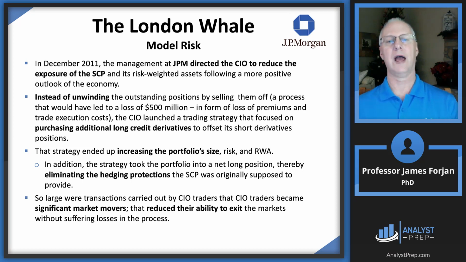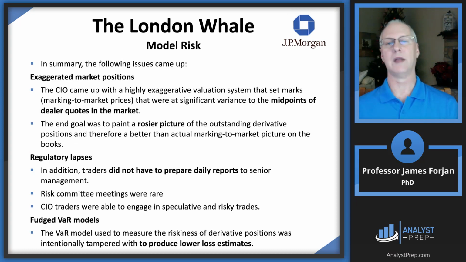And so this strategy ended up increasing not only the portfolio size, it increased the risk, and it increased the risk-weighted assets. So this net long position eliminated the hedging protections of the original SCP. And so this really reduced their ability to exit their markets without suffering losses.